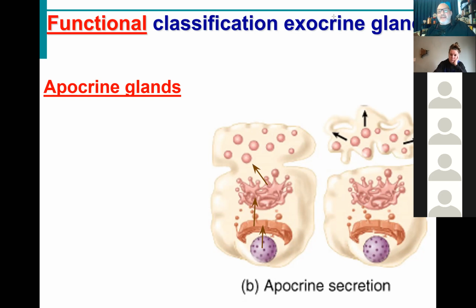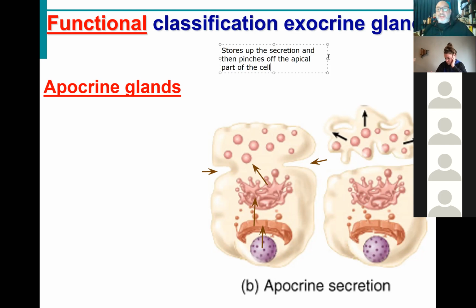And then the apical portion of the cell pinches off. So what happens with this one is that it stores up the secretion and then pinches off the apical part of the cell.